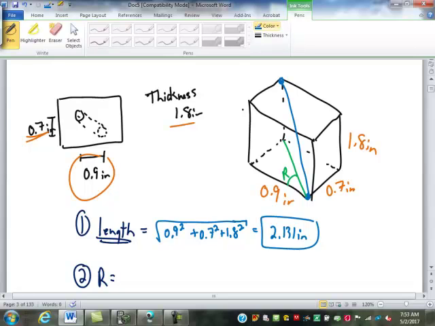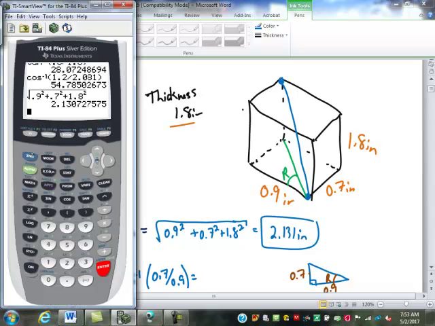Good. R, again, comes from this triangle here. That's R, where this side is my 0.7, and this side's my 0.9. So R is going to be the inverse tangent of 0.7 over 0.9, which gives us 37.87 degrees.